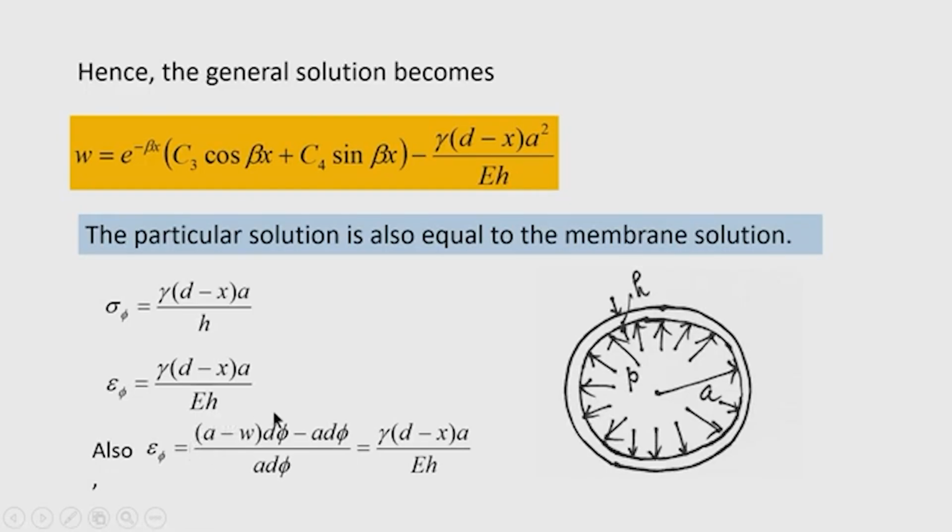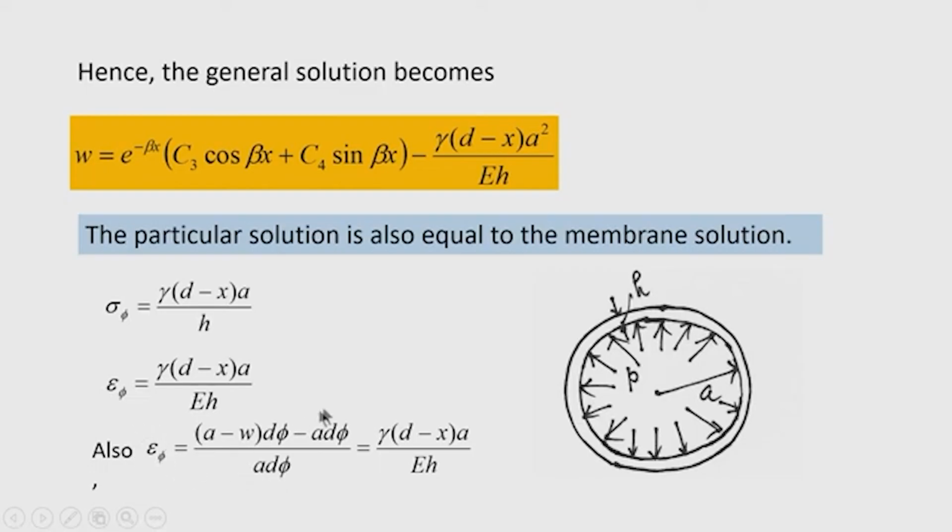So, the changed length of this element is (a minus w) into d phi along the circumference, and the original length was a d phi. If I take the ratio of (a minus w) d phi minus a d phi, divided by a d phi, this will yield the hoop strain.